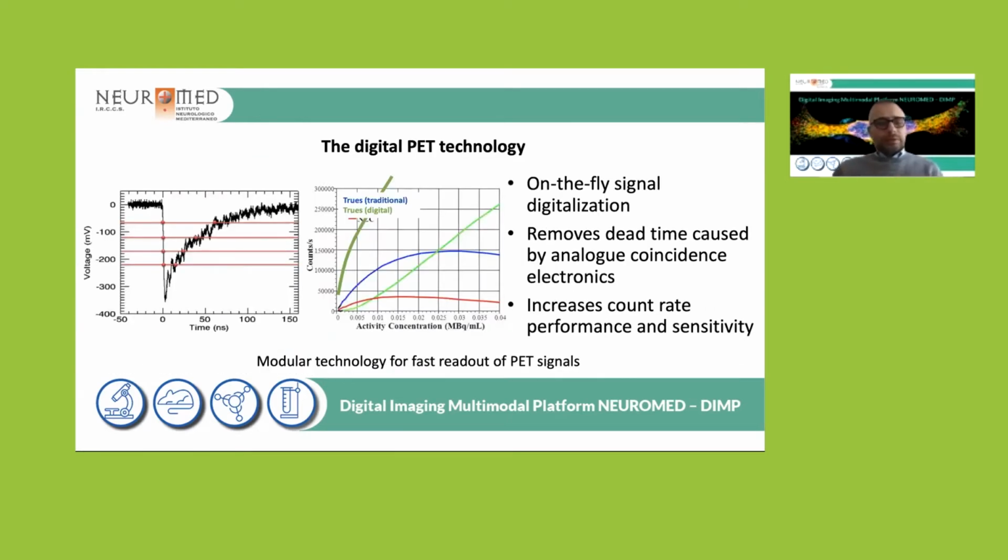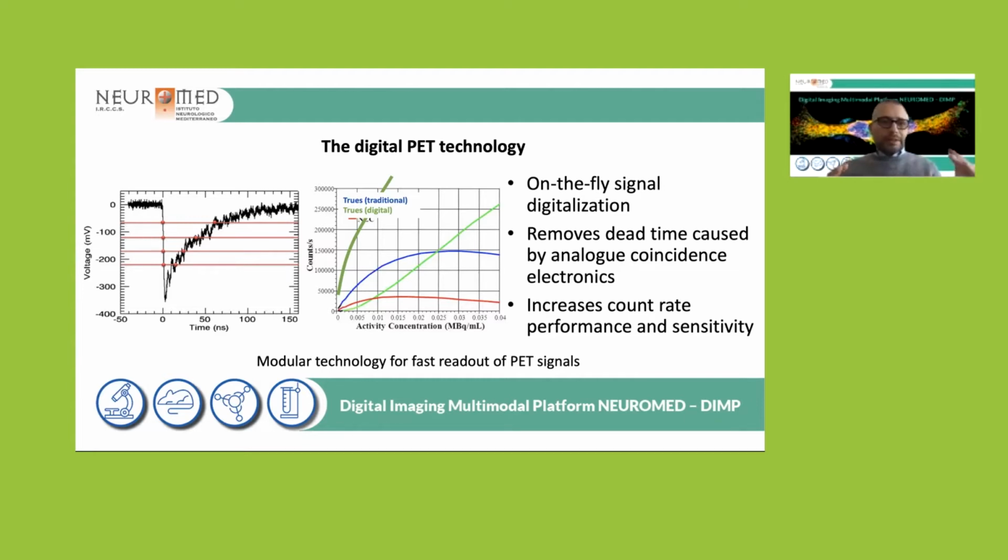In our group, we have a very specific technology, which is the digital PET technology, developed in our university. The digital PET technology is currently one of the main solutions to have a very, very fast readout from systems.